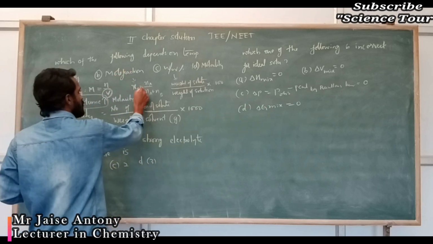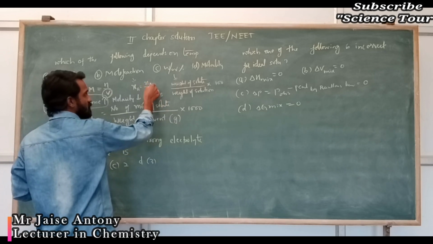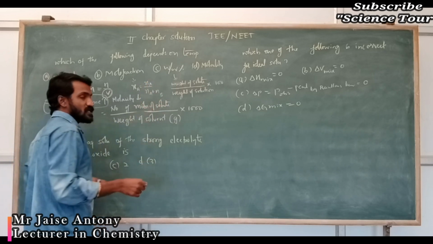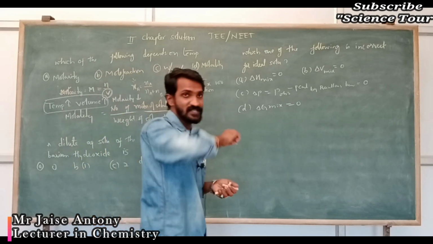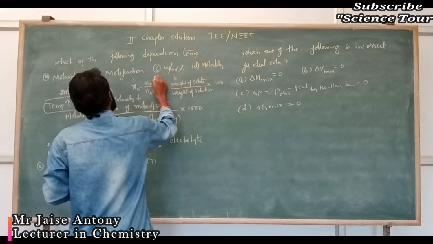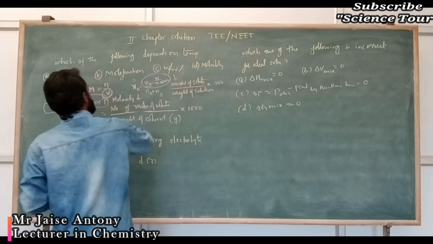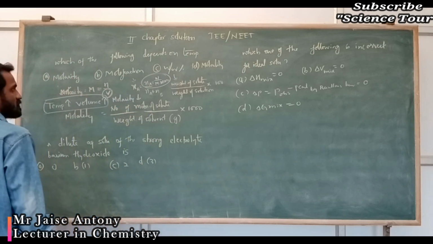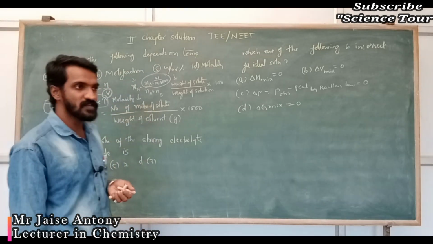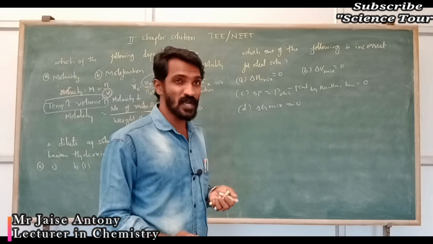Mole fraction means moles of solute A dissolved in solvent B, and it is Na divided by Na plus Nb. Here there is no volume factor. Na, the number of moles, means given mass divided by molar mass.